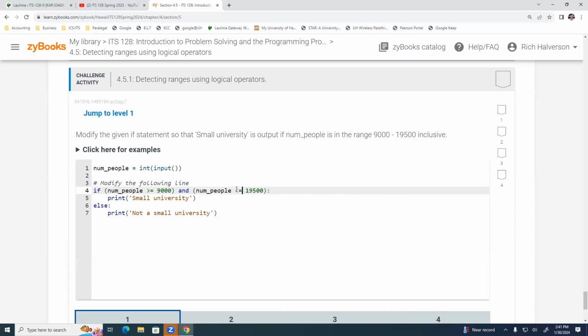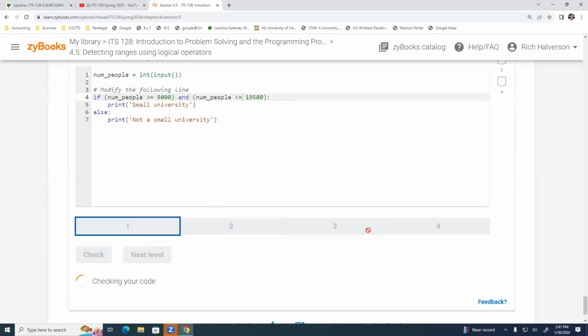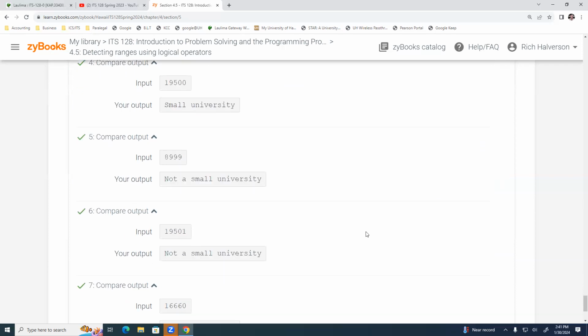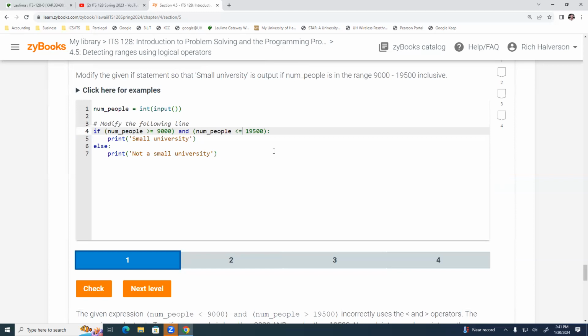Do it that way. Well, that's one way to do it. Oh, I think this is right. Let's see. So I guess if it's below 9,000, it would be like a micro university or something.